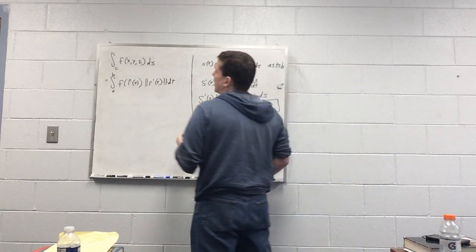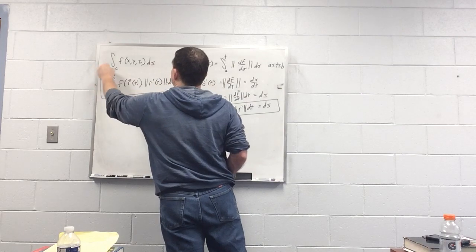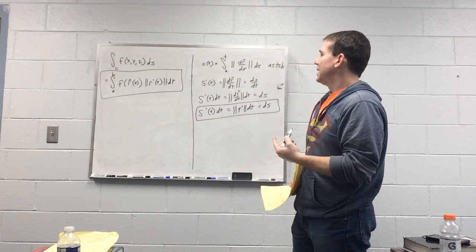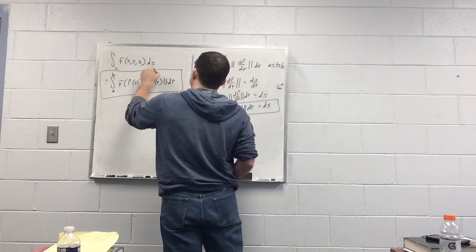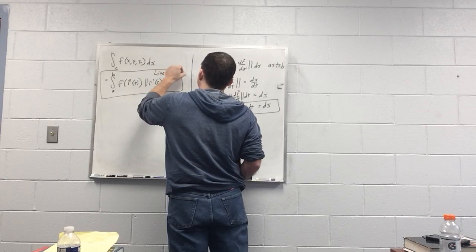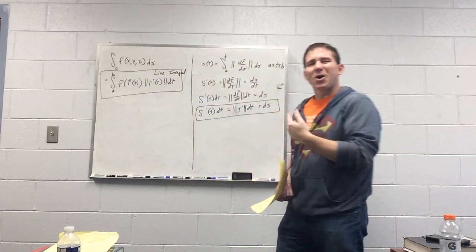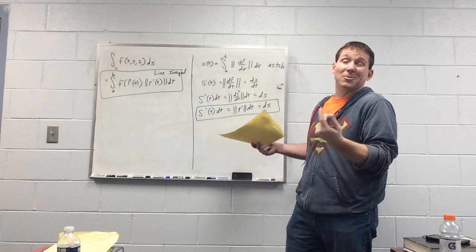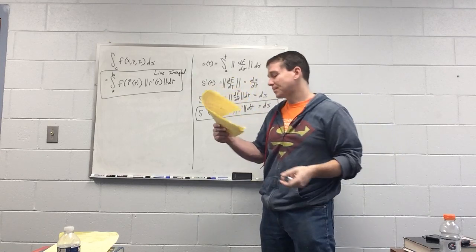And now I have this nice integral that I can solve completely in terms of t, and we call this the line integral along a curve. You can also call it a path integral. It has lots of different names. When I was in school, my instructor called it a path integral, a line integral. It doesn't really matter.